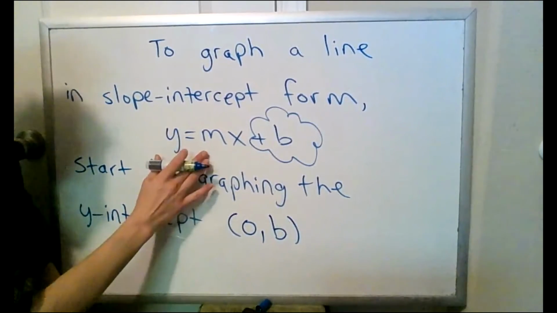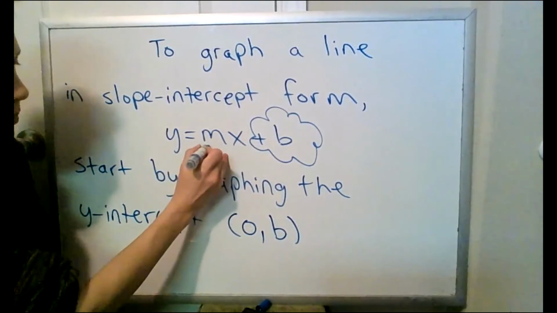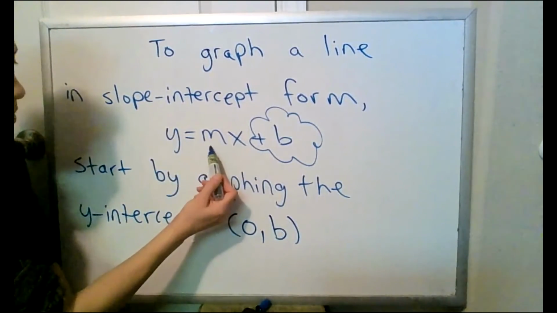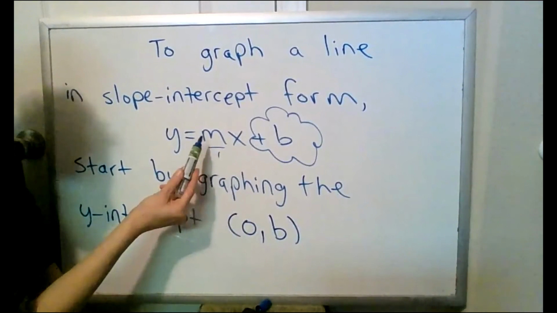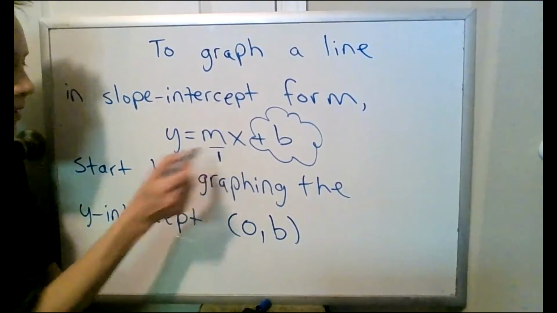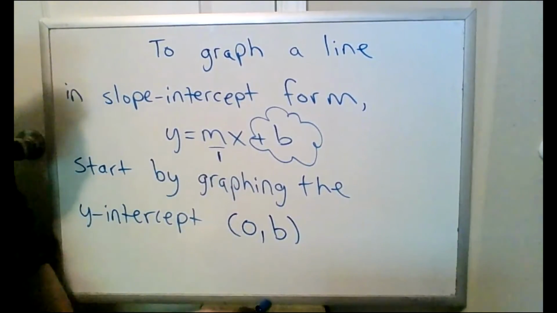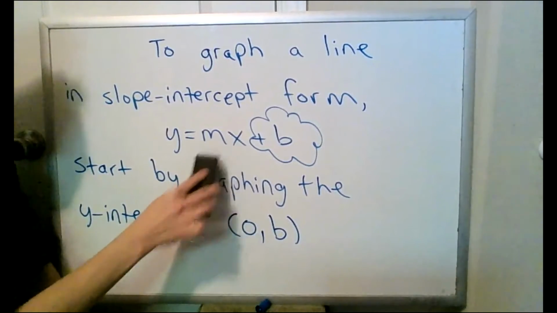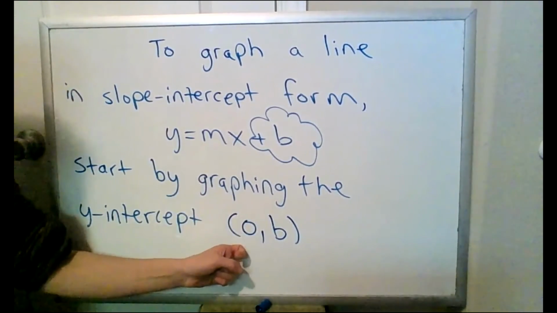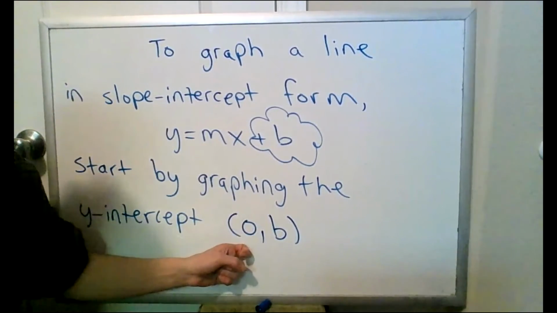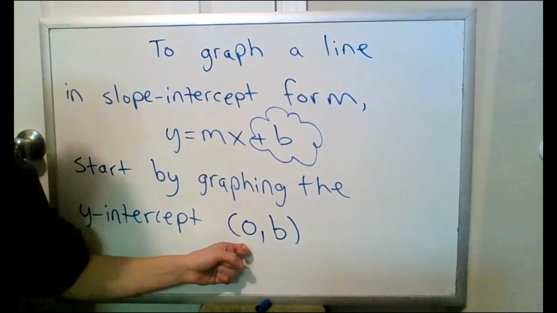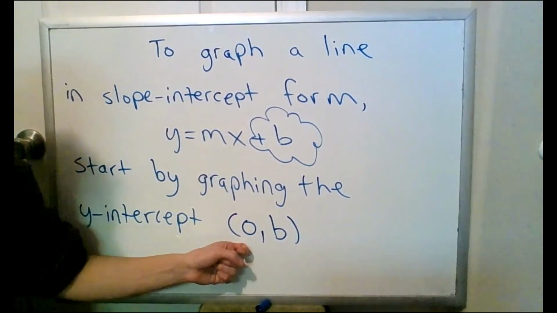Just in case your slope isn't written as a fraction, if you need to, you can write your slope over 1. That way you have a numerator and a denominator. Okay, once you've got this point down, start from there. And you use the slope to go up the value in the numerator and to the right the value in the denominator.